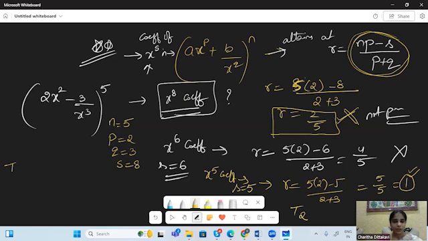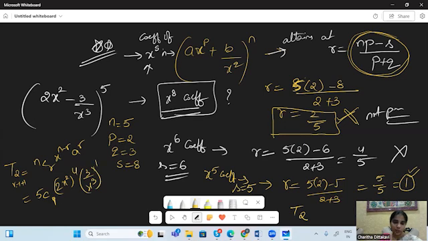Clear? So your T2 is nothing but r is 1, 1 plus 1 giving you 2 there. So now it is nCr, x to the power n minus r, and a to the power r. So that is your 5C1. Remember, r is 1. So 5C1, (2x²) to the power 5 minus 1, and (3/x³) to the power 1.